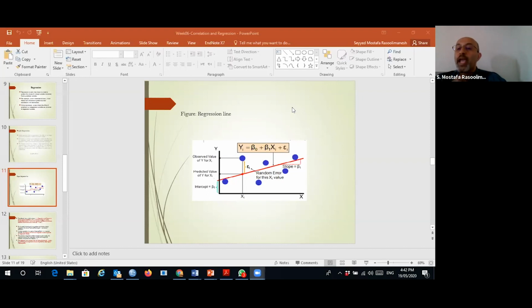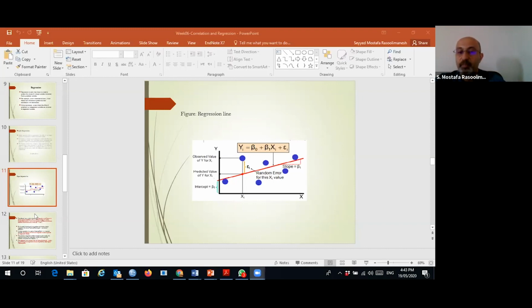So based on regression, simple regression or multiple regression, we actually calculate this beta. And based on this beta, we can understand whether the effect of this x on y is significant and strong, or non-significant or weak.